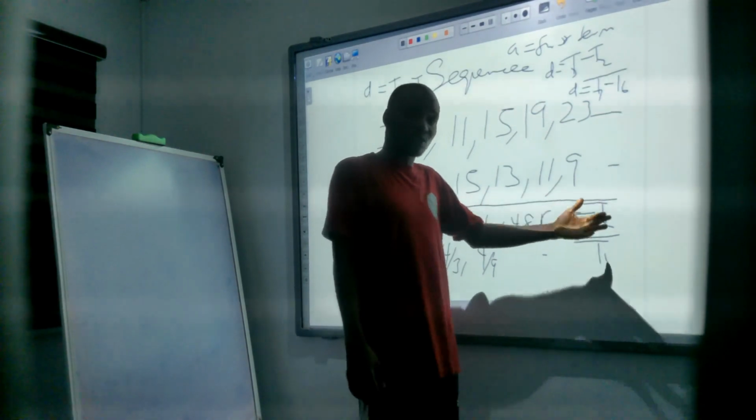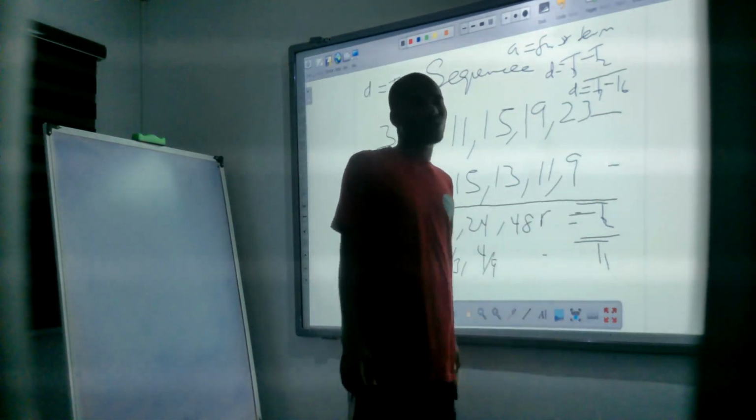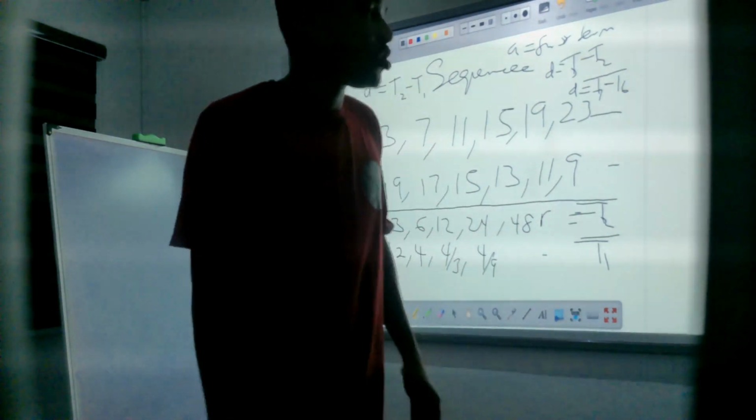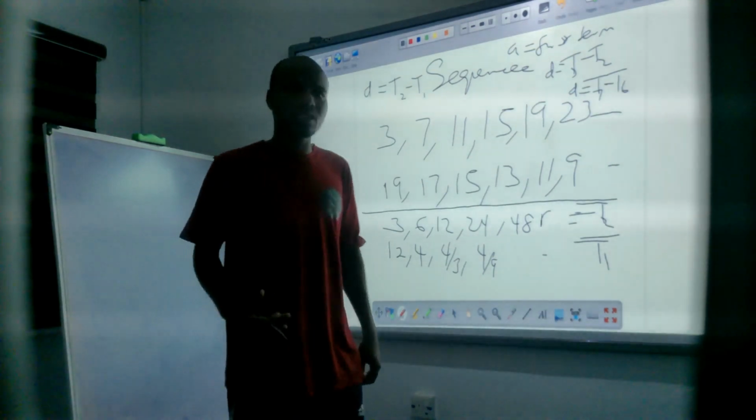So it is T2 over T1. It can be T3 over T2, or T6 over T5. That will give you the common ratio.